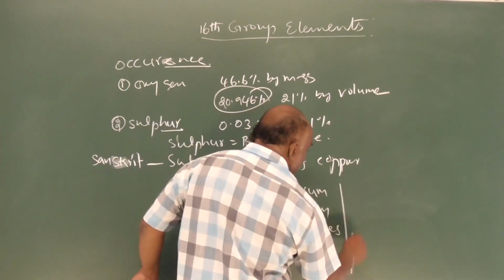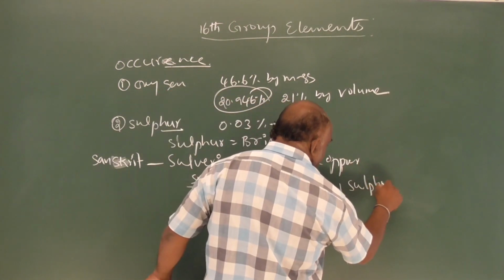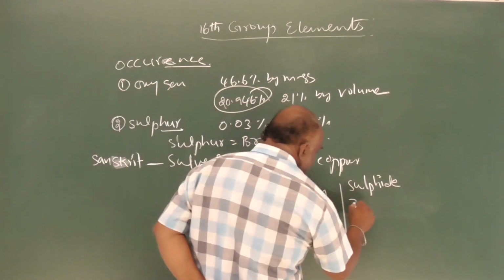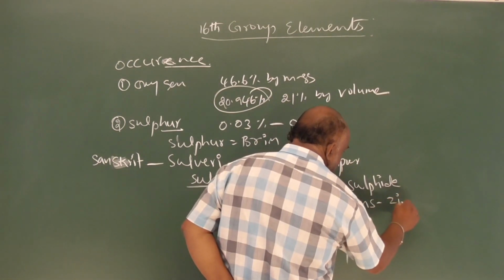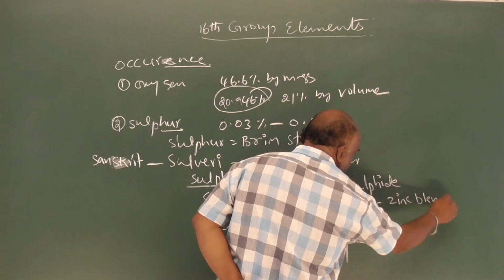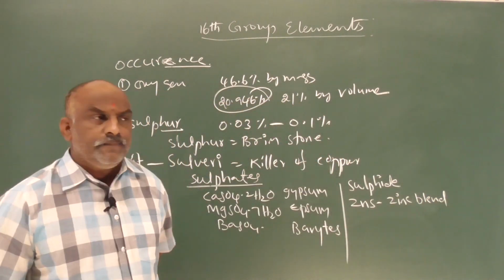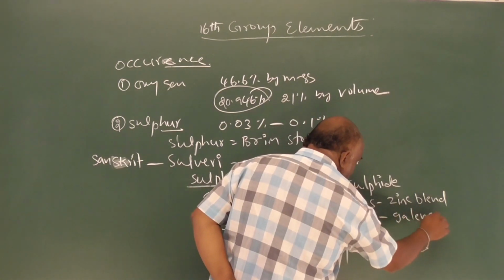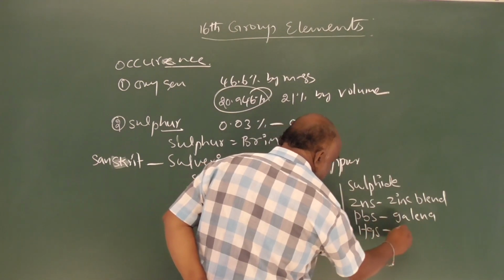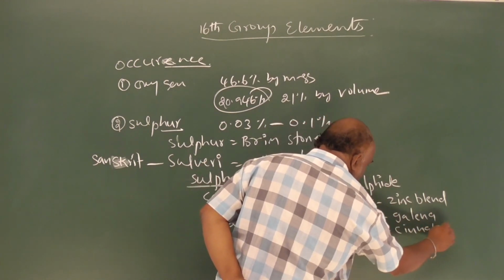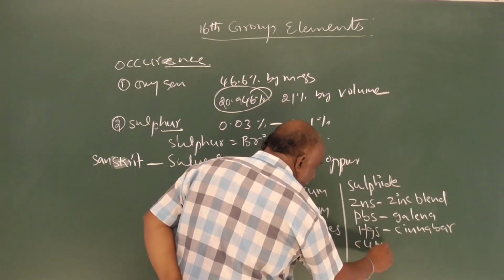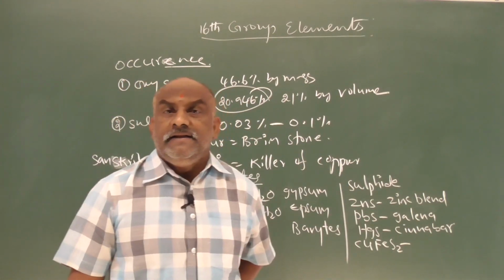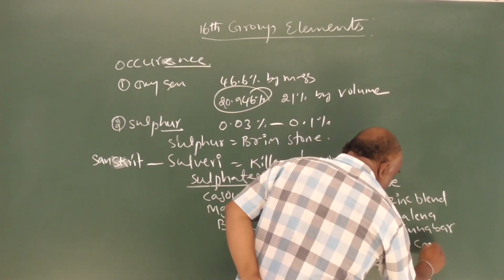It is also available in the form of sulfides. What are the sulfides? ZnS, very important, is called zinc blende, PbS is called galena, HgS is called cinnabar, and CuFeS2 is called copper pyrites.